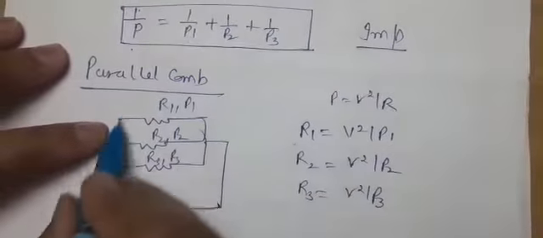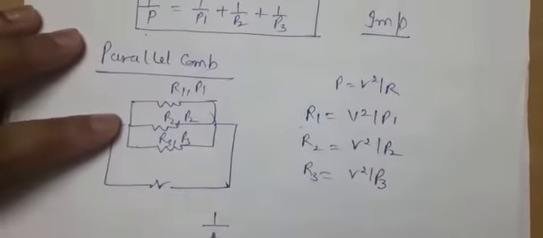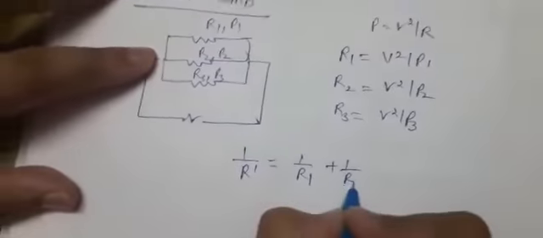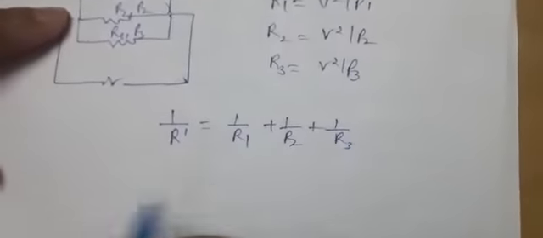So for this parallel combination, the equivalent resistance, let it be R dash, will be equal to 1 by R1 plus 1 by R2 plus 1 by R3.